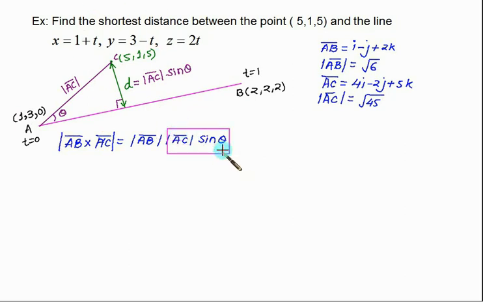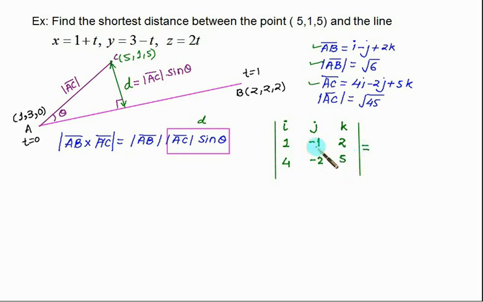So we want to just find the cross product and divide by AB bar. To find this distance D, AB bar is already known. We have to just find the cross product. So we can find the cross product using a determinant. First row will be i, j, k. Then you write down the coefficients of AB, that is 1, minus 1, plus 2. Then you write down the coefficients of AC, 4, minus 2, 5. And you can solve this.